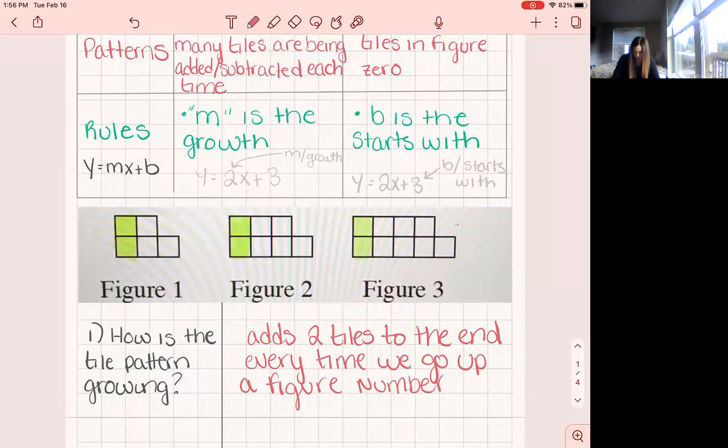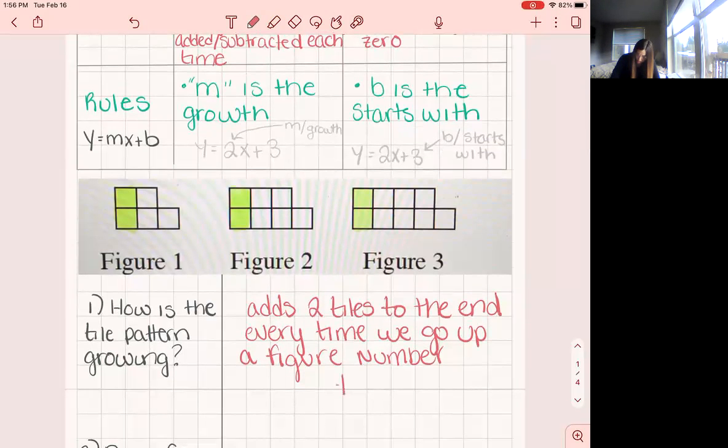So then underneath that, I'm just going to put nice and big plus 2. So that's the picture and the words that go together.